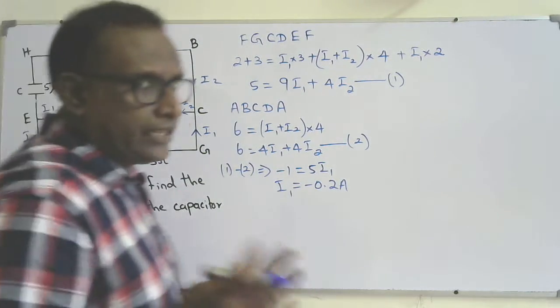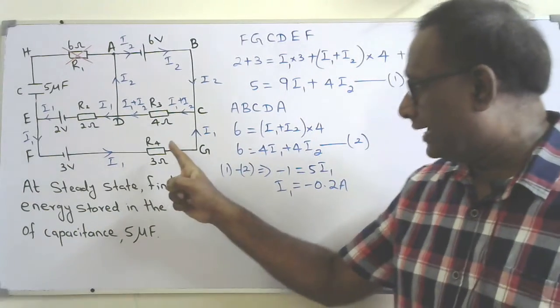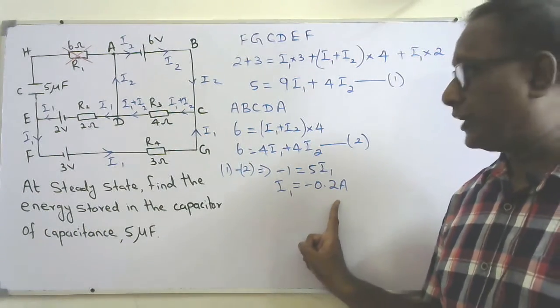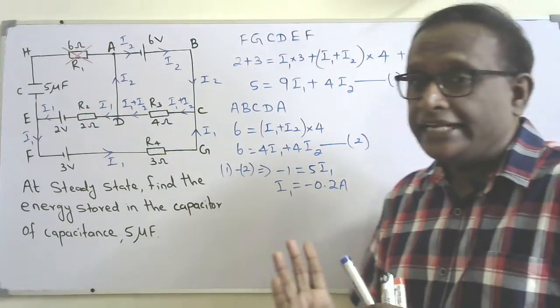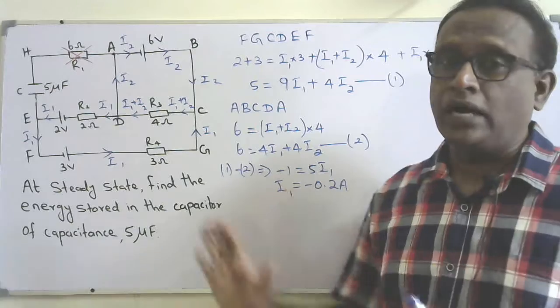Okay, so what do we mean by this negative value? I took the current as flowing this way, but negative 0.2 means the current is flowing the other way. So I need to reverse the direction of I1 everywhere I marked it on the diagram.